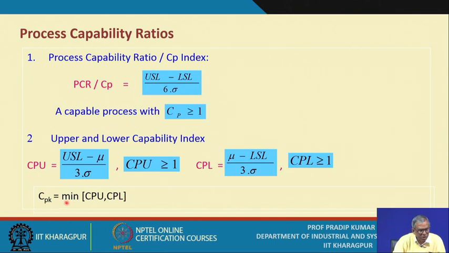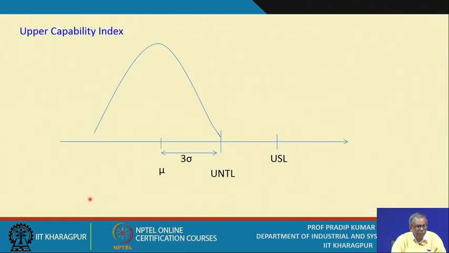So, obviously, the CPK will be 0.85. So, minimum of CPU and CPL. You will have other expressions for CPK, we will refer to this, and you will have a clear-cut understanding of the factors affecting the CPK. Okay. So, from the CP we move to CPK.